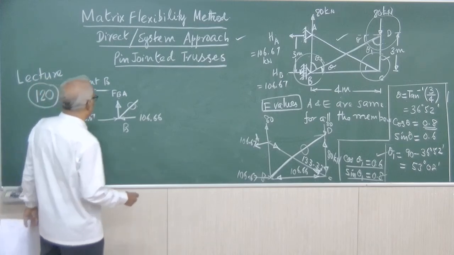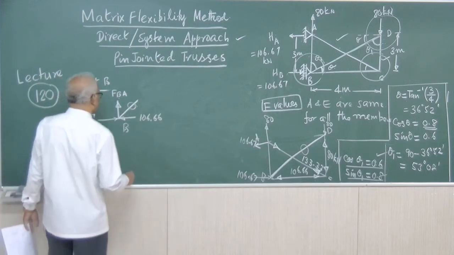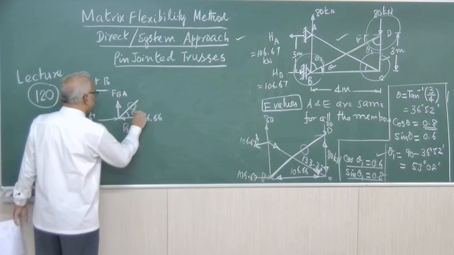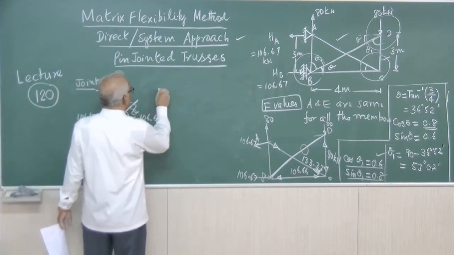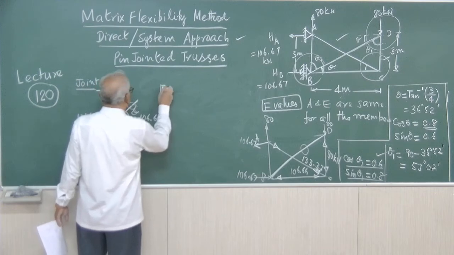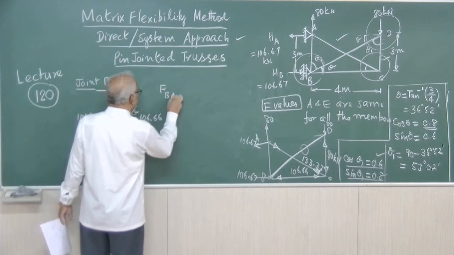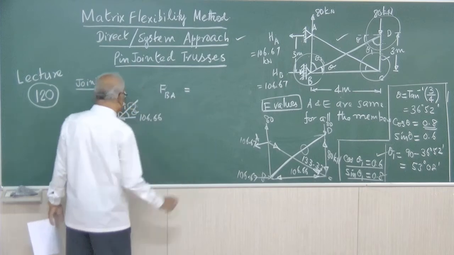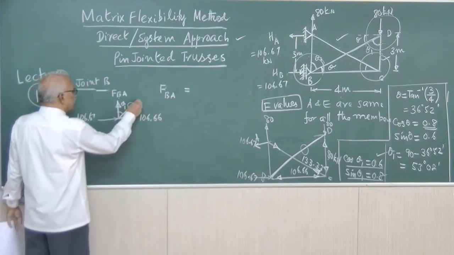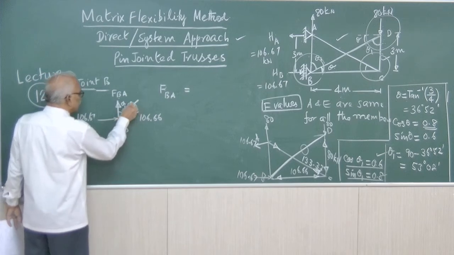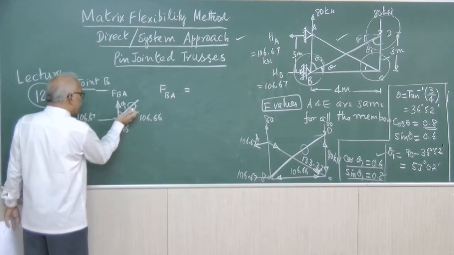Now, for getting FBA, now this is theta and this is theta 1. So FBA will be equal to, because these two will not come into the picture. This is already a dummy member carrying 0 force. So this only we have to resolve.